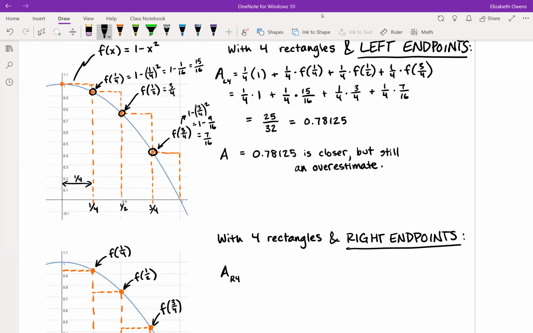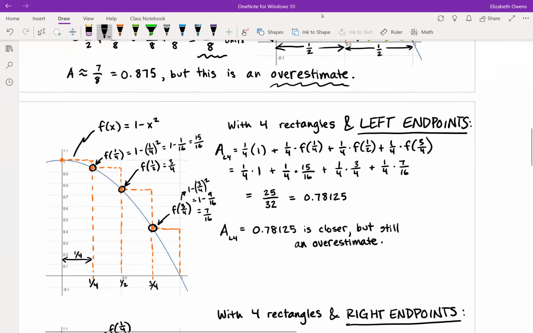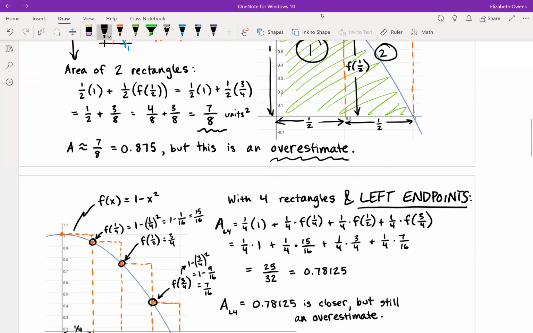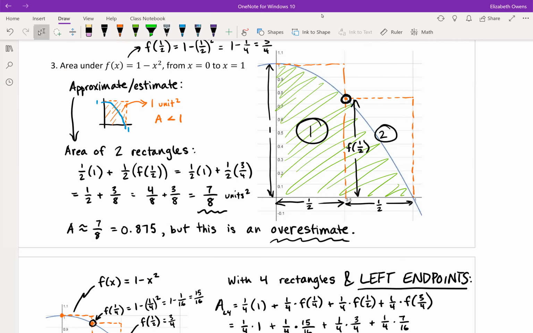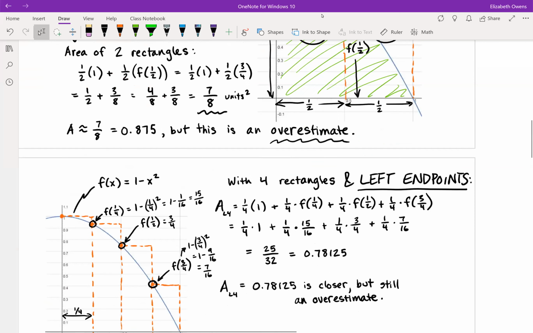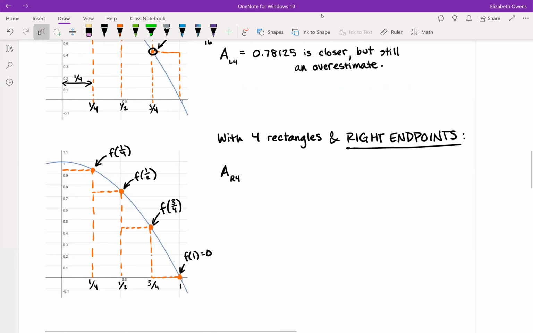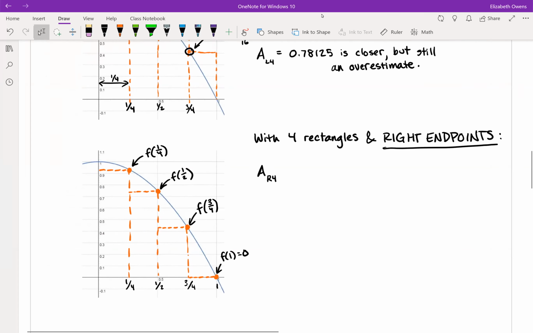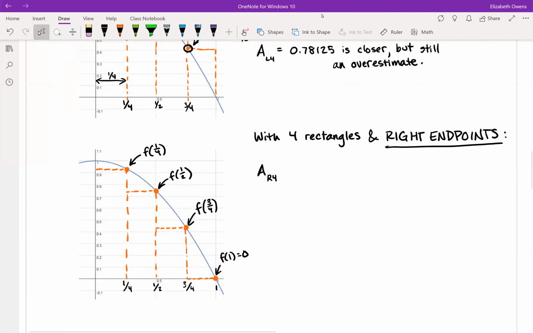All right, AL4. The one we did before that, we were using left endpoints and we made 2 rectangles. So that would have been like A sub L2.